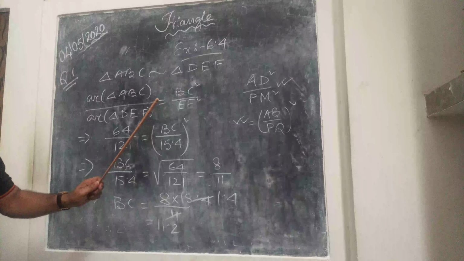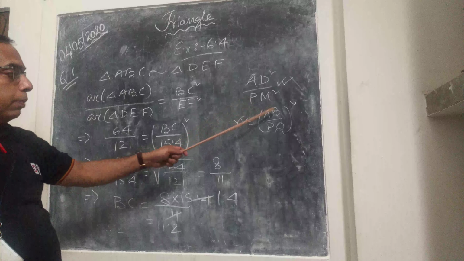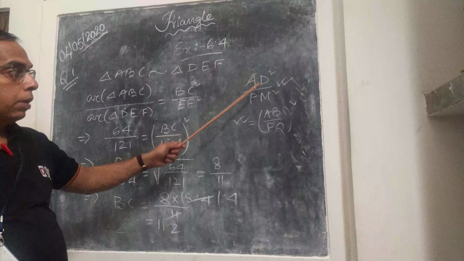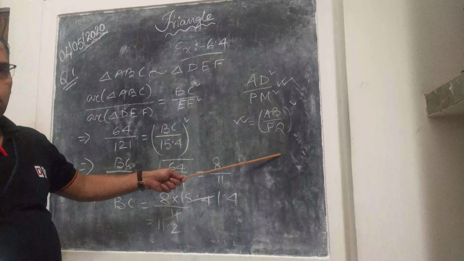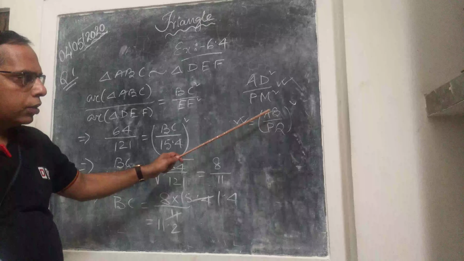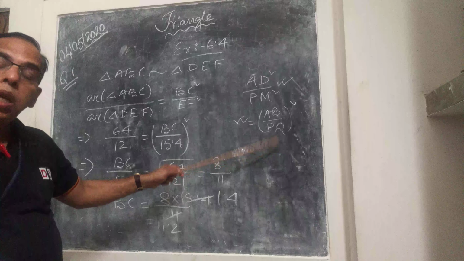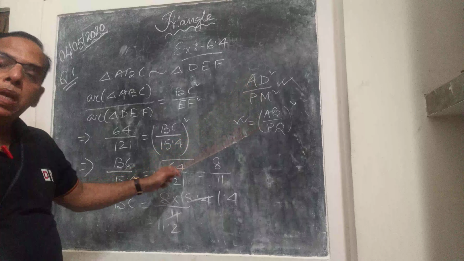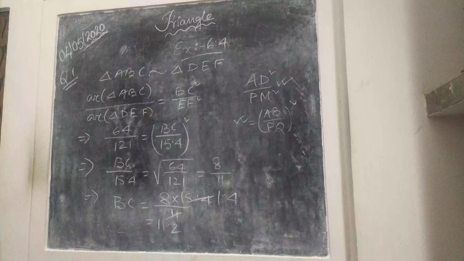So please don't be confused. That side has been replaced; it is the same thing, only a replacement. That means if it is the ratio of the squares of their sides, it can be the ratio of the squares of their altitudes, and also of their medians as well.